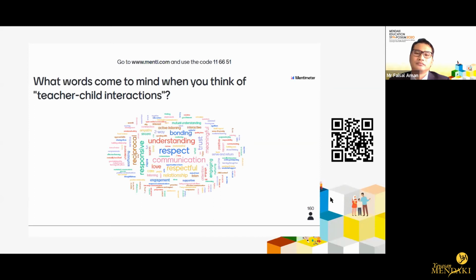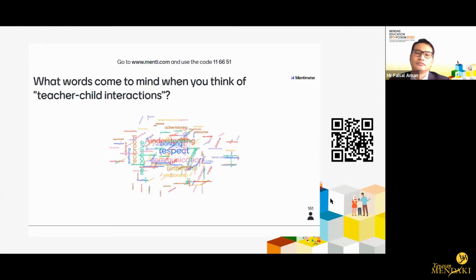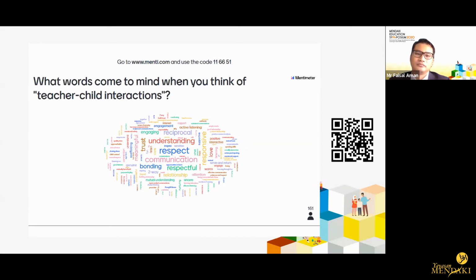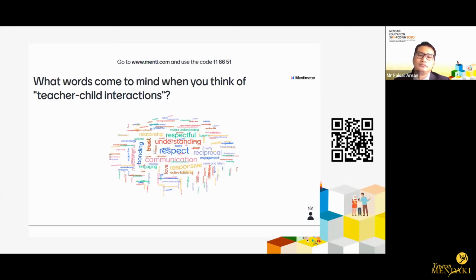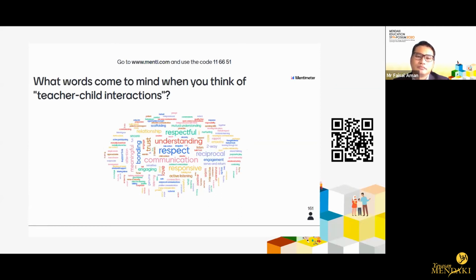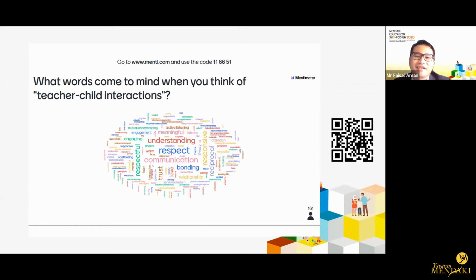And in terms of what is the next one? Communication. Communication is very important, because without good communication, without developing the children's language skills, the quality of interaction between the teacher and the child would have an impact on that development, on the quality of teacher-child interaction in class.